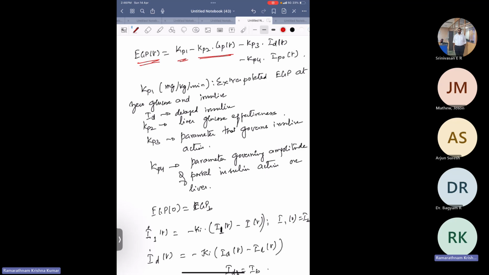The delayed insulin, which is going to be present with respect to time and may be delayed, is multiplied by the parameter that is governing the insulin action. So insulin is going to reduce the EGP production, right? So there is a minus.